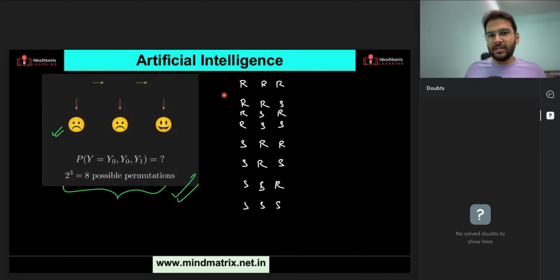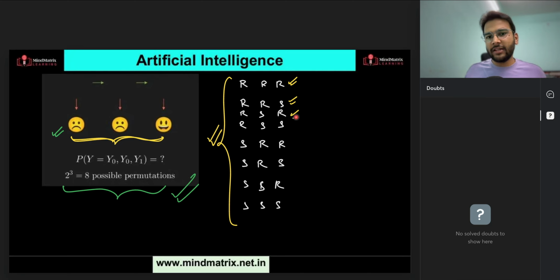Is this clear? So can I say these 8 weather sequences are possible? For this weather sequence, what is the probability of this particular observed sequence? Similarly, for this weather sequence, what is the probability of this particular observed sequence? So you have to find it for all of these, yes or no? Are you getting it or not?